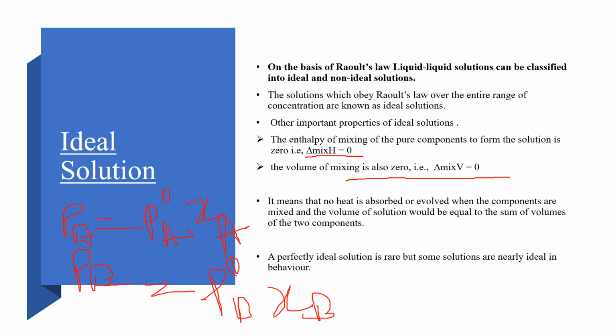Now, for an ideal solution, the total pressure of the solution will be equal to the summation of the partial pressures of the two components or two liquids present in the solution. So this is all about ideal solutions.